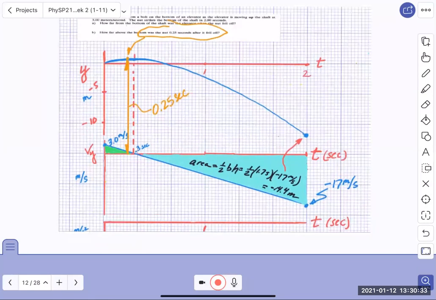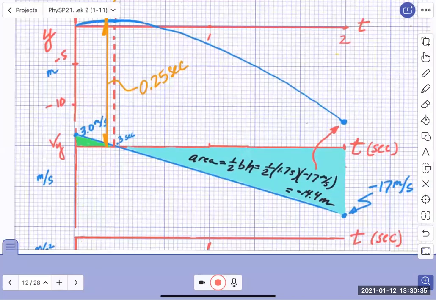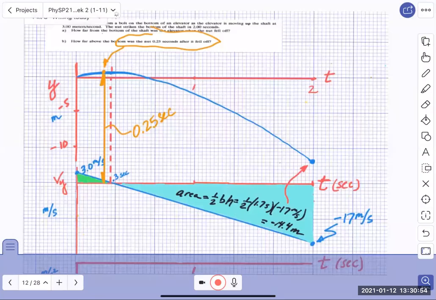But you notice that nut falls off the elevator. It does go up a little bit. That's this green triangle. But it falls down a bunch. It spends a lot of time going down and a little bit of time going up. And so the velocity looks like that, a very skewed bow tie. The position versus time, of course, is a negative parabola.